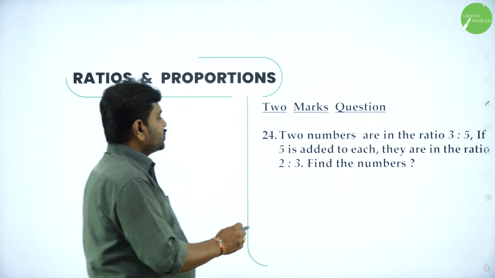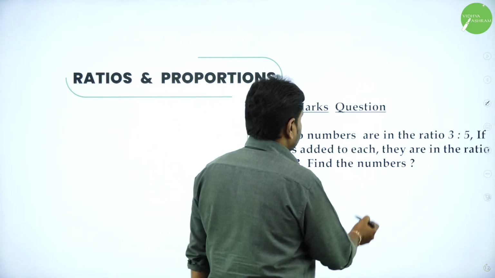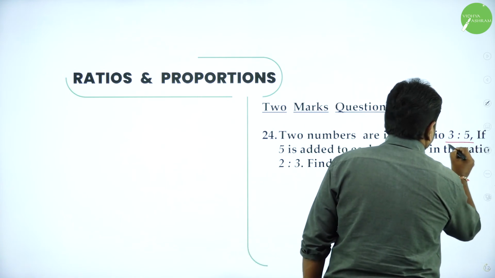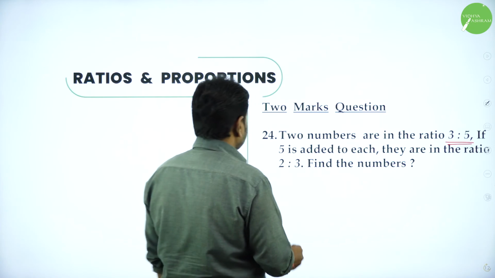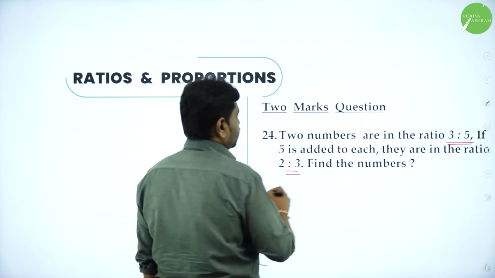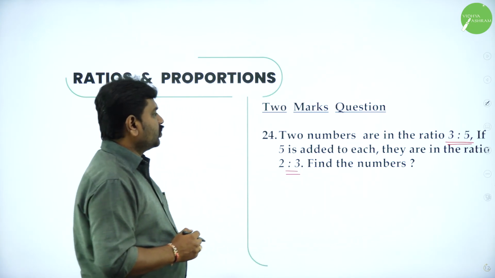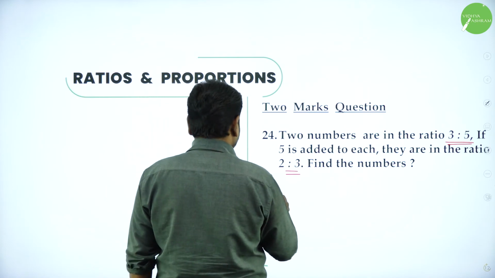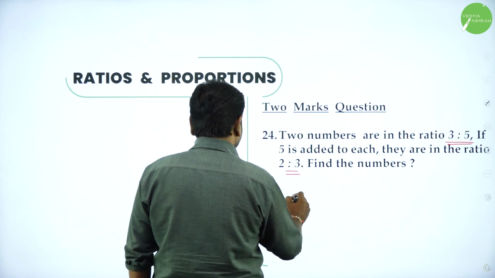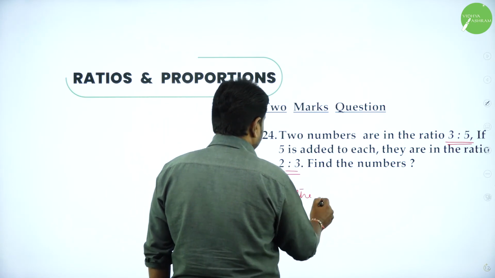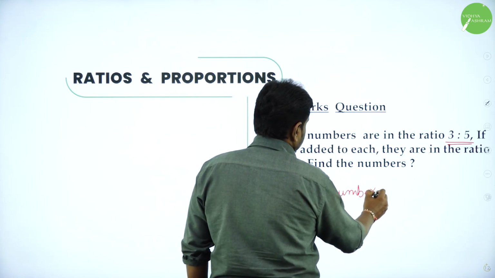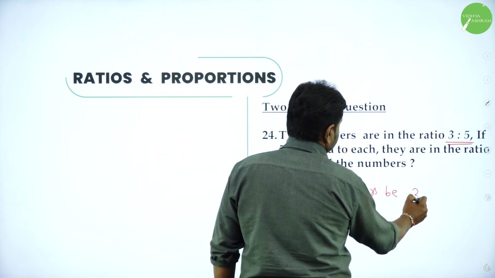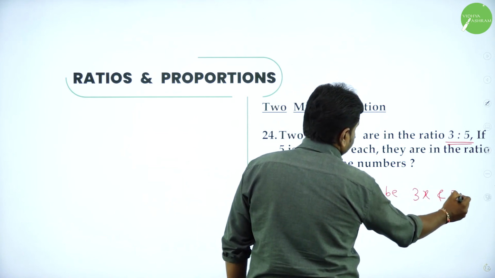Next, two numbers are in the ratio 3 is to 5. If 5 is added to each, they are in the ratio 2 is to 3. Find the numbers. So they told two numbers are in the ratio 3 is to 5. If they give a ratio, we'll assume the numbers as 3x and 5x.